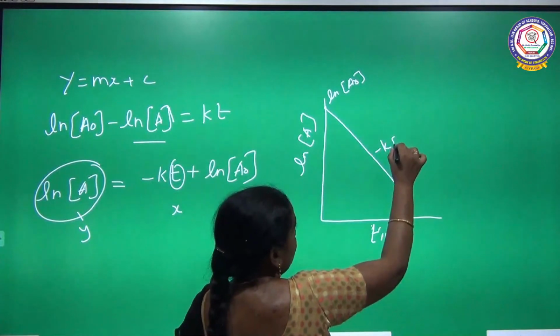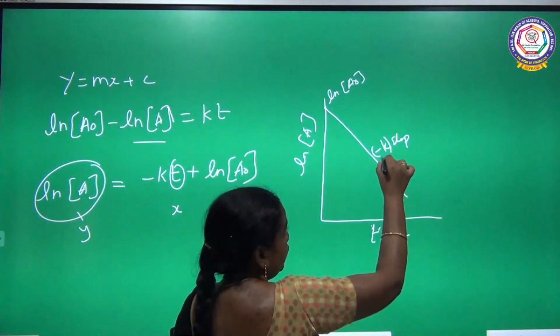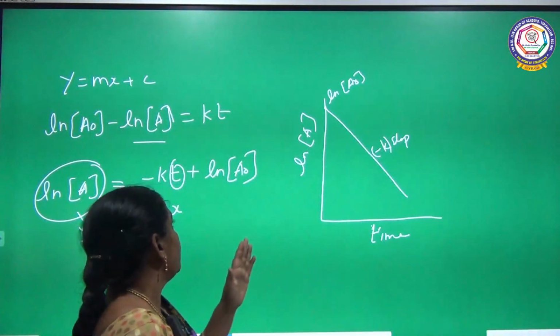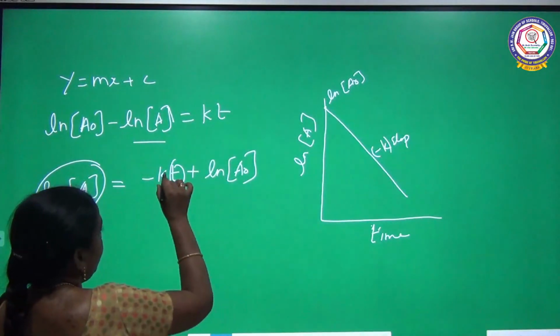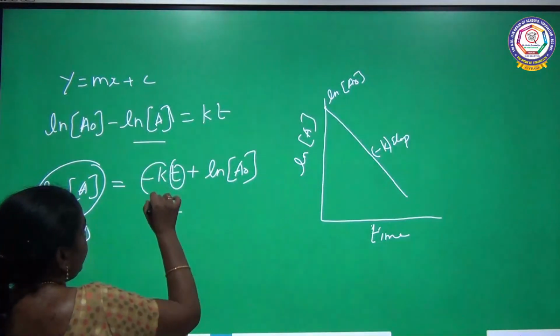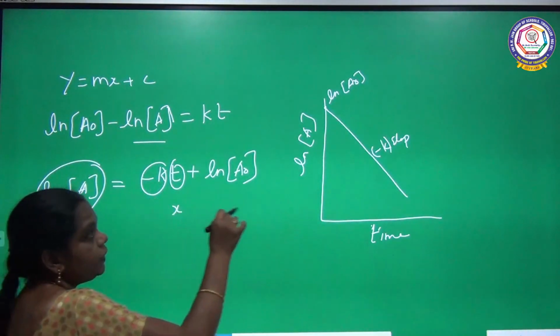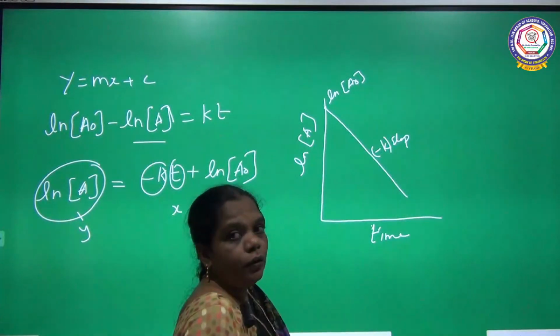The slope is minus k, so the slope value is negative, which shows a negative slope.